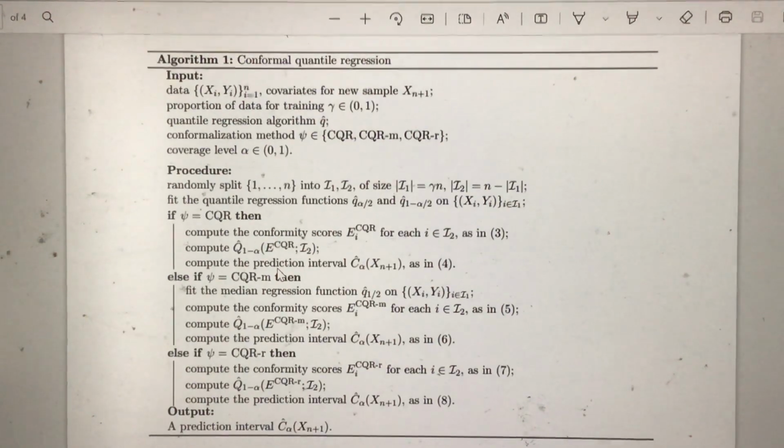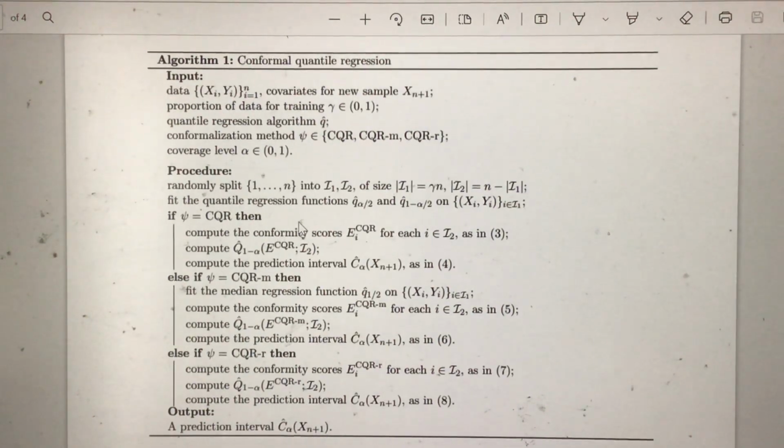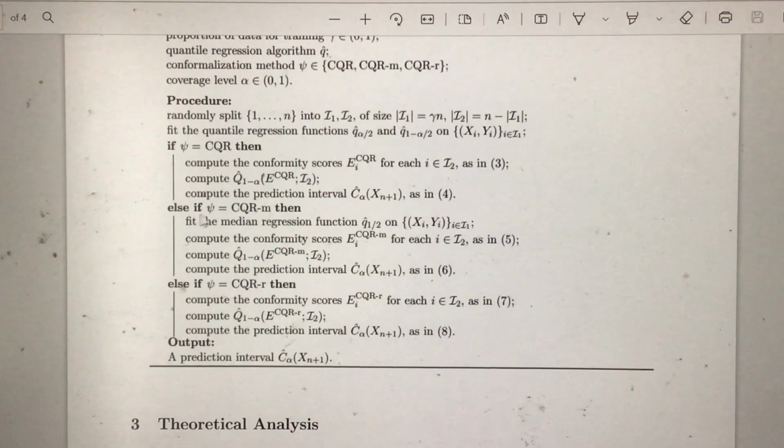The other two will be similar. Only for CQRM, before the third step, we need to compute the median regression function. We also get the conformity scores, and the last step will get the prediction interval. The CQRR is similar. We also get the conformity scores and then the prediction interval.